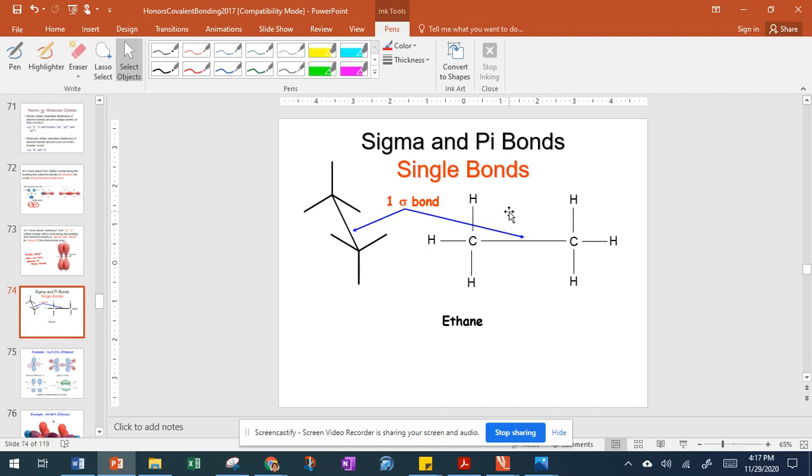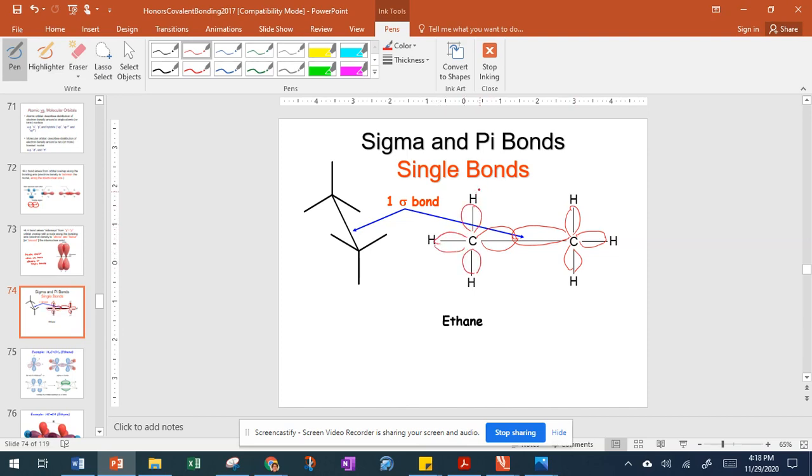So this molecule will have sp3 hybrids. These sp3 hybrids are overlapping in the middle here to form sigma bonds. So here we have our sp3 hybrids around each carbon.